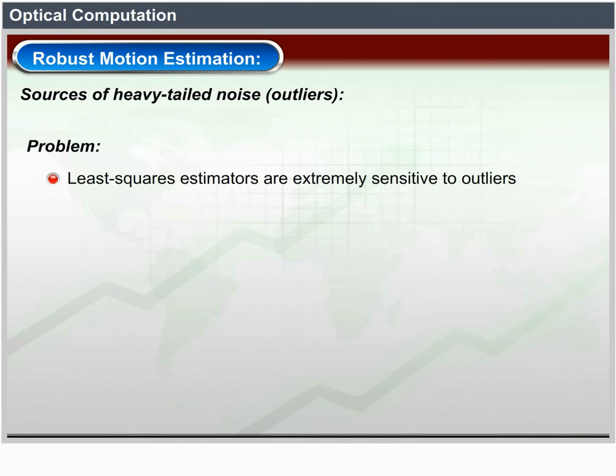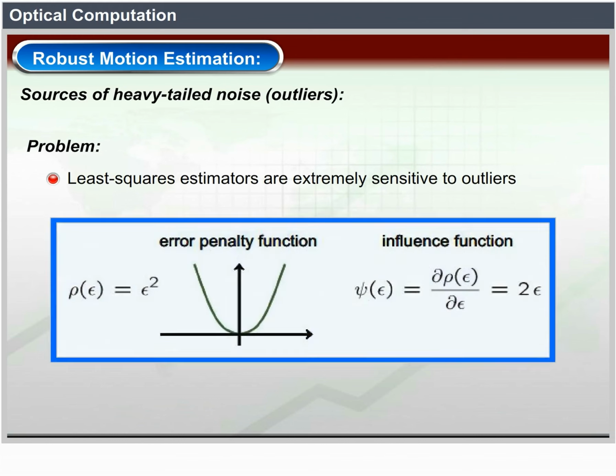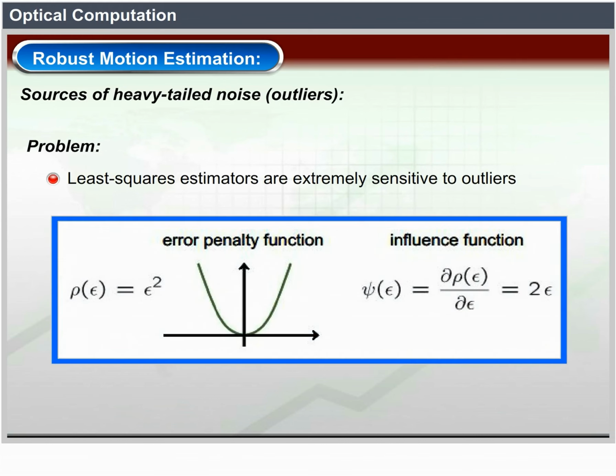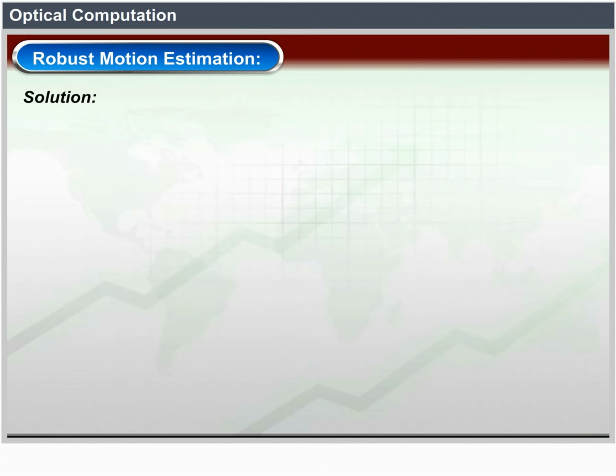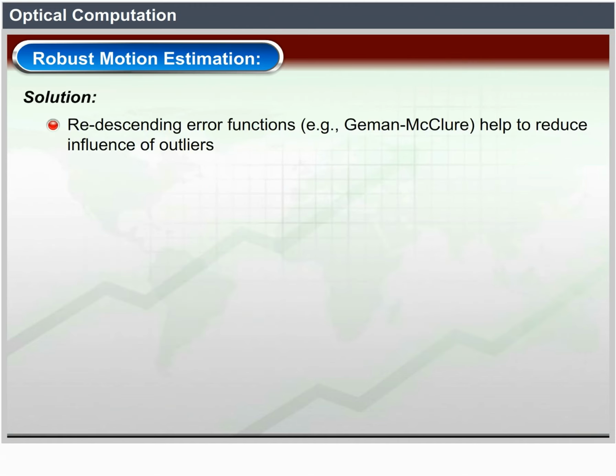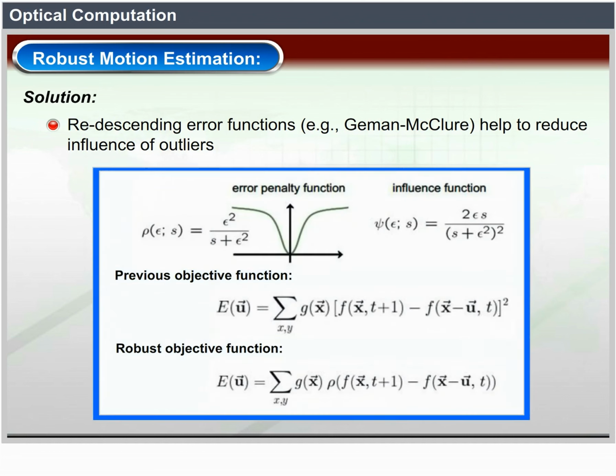The error penalty function and influence function are displayed on screen. Solution: redescending error functions. For example, Geman-McClure helps to reduce the influence of outliers as shown on screen. Previous objective function, robust objective function.